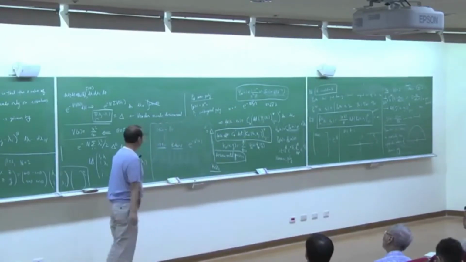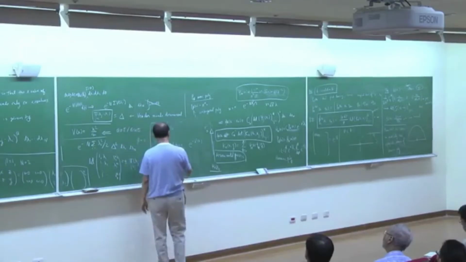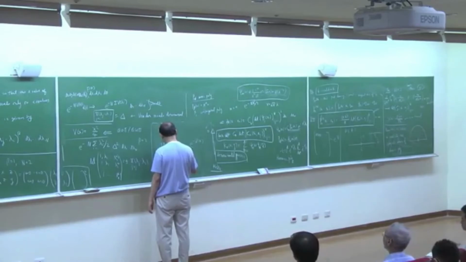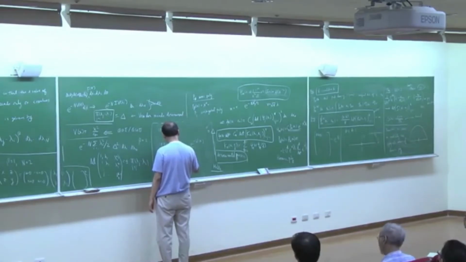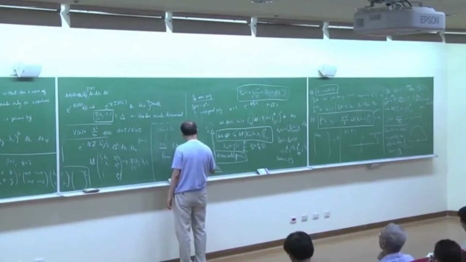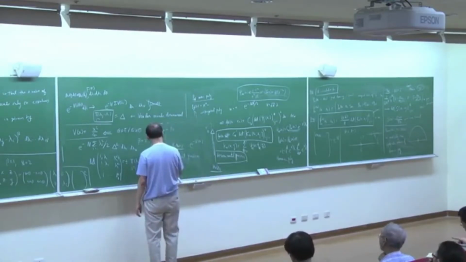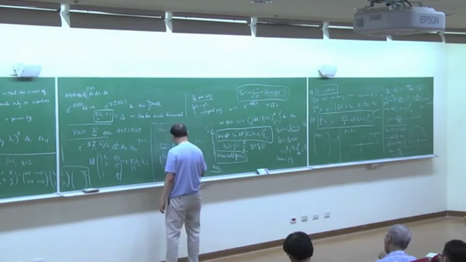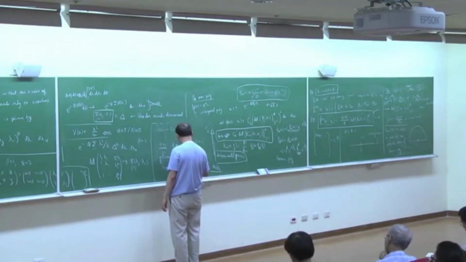So Kitaev made an observation: there's a connection between the Riemann-Hilbert problem and the asymptotics of orthogonal polynomials.